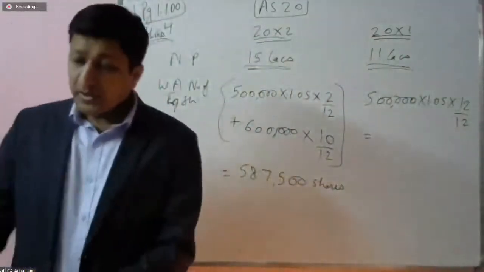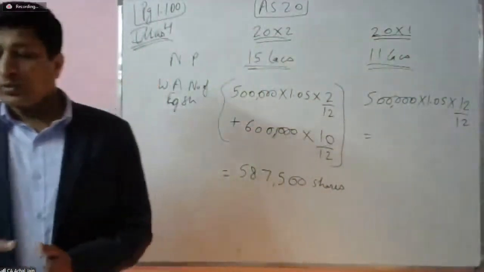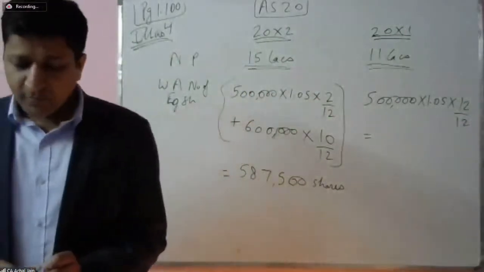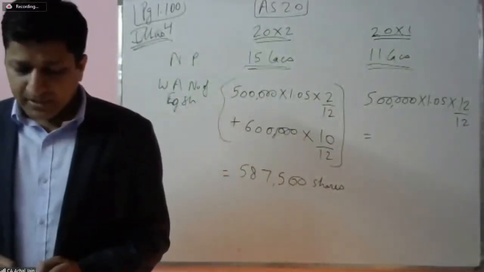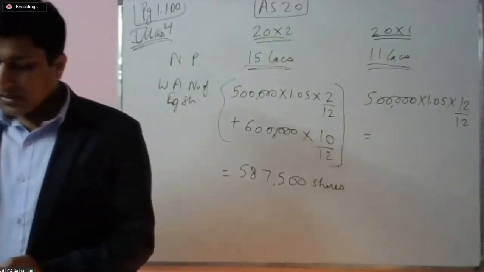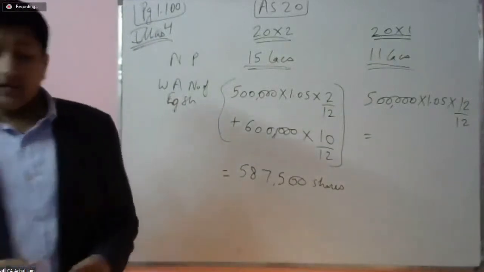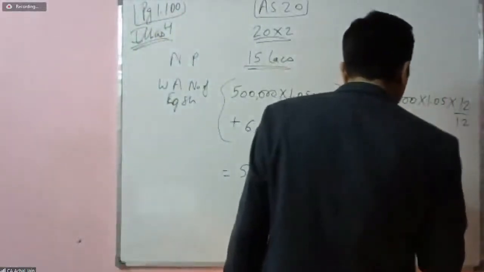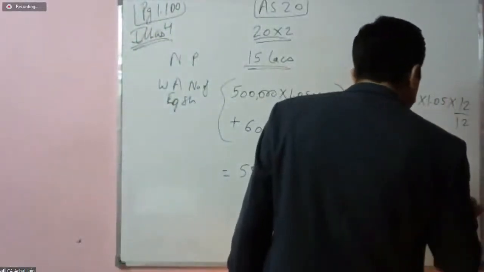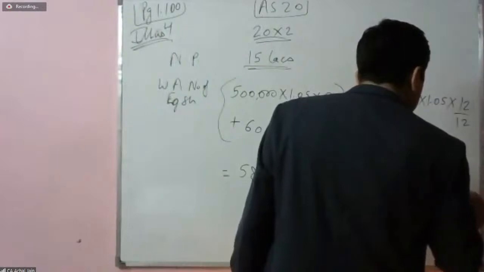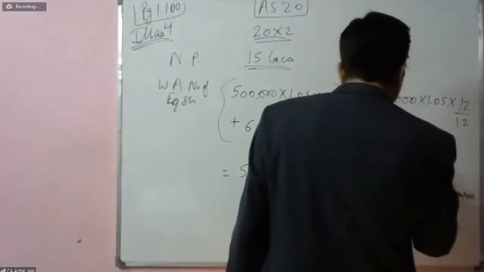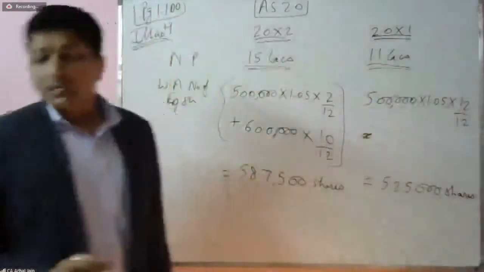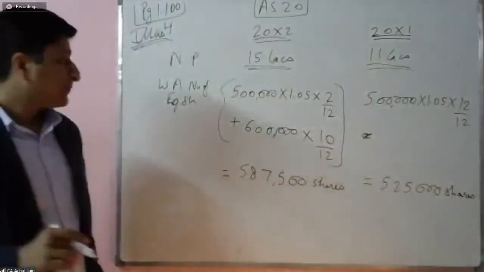Last year, because we have to recompute the EPS, we'll have to make the adjustment in the last year also. So this becomes 5,25,000. Okay, so this is the number that we have for last year.